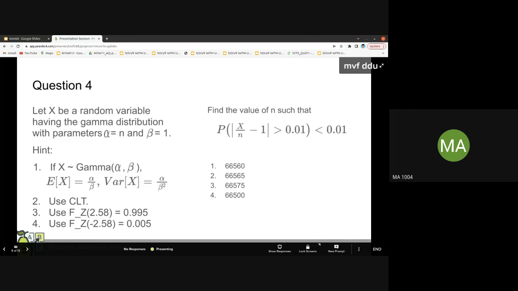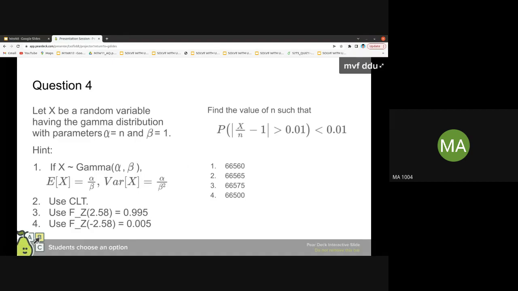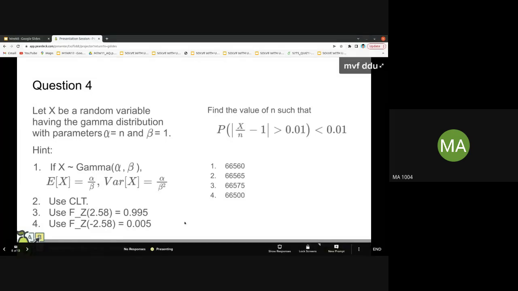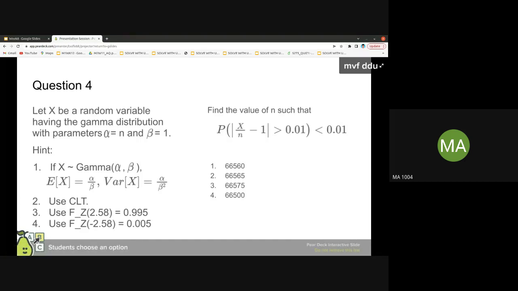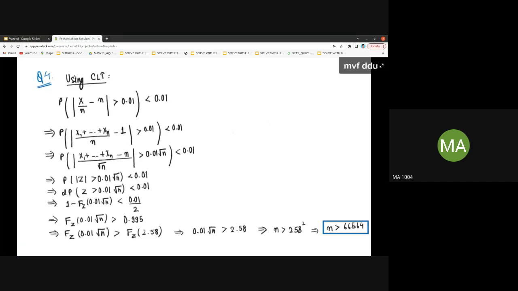Okay, you try this with CLD, you will get it, because I wanted to discuss one more question as time is running out. So the same thing, but you have to do the CLD here. What you have to do is bring the Z, the standard normal, into the picture.